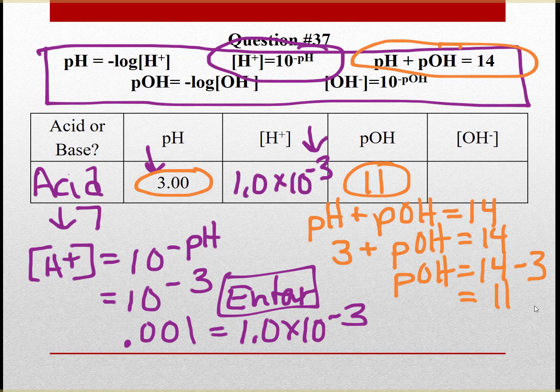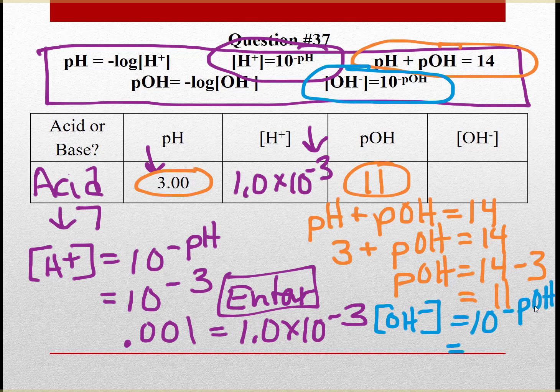All right, we have one more to go. For this one, there's a couple different ways that you can do it. I'll show you both ways, and you can do whichever way you like, but I'm going to use this last equation. My OH is equal to 10 to the negative pOH.